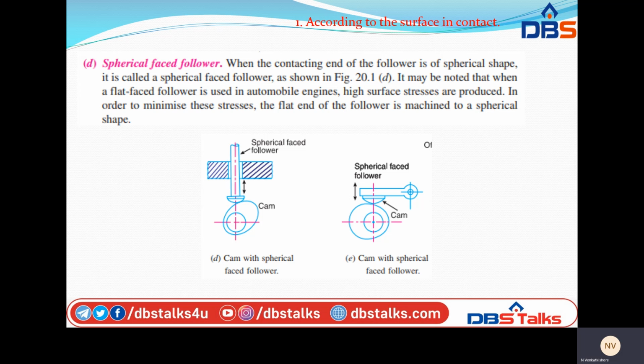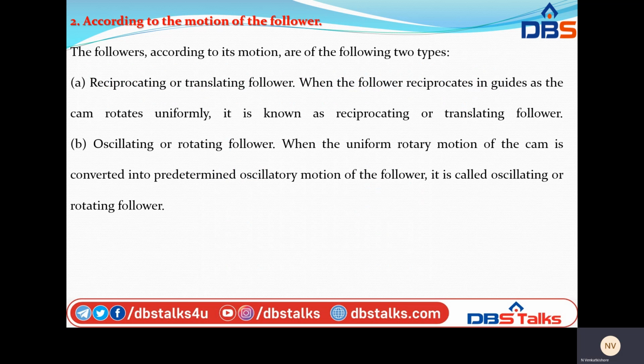Now let us go for the second type, according to the motion of the follower. What is the motion? That is how the follower moves with respect to the cam. According to the motion of the follower, these are categorized into two types. One is reciprocating follower and the second one is rotary follower or oscillating follower.